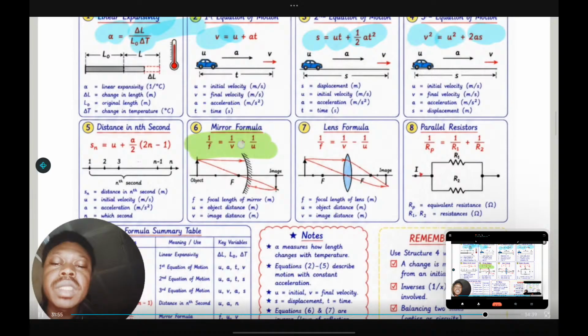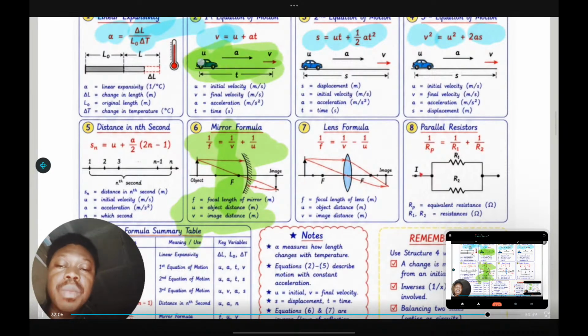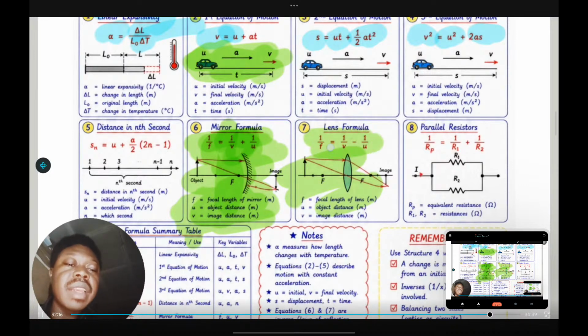For the mirror equation, take note of this particular equation and what F, U, and V represent. The mirror equation is different from motion because you can see both U and V appearing in it, and also under lenses. For the mirror equation, you have a positive sign. For lenses, you have a negative sign here.